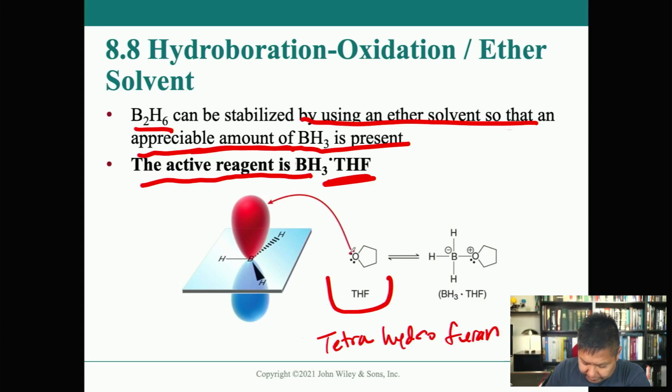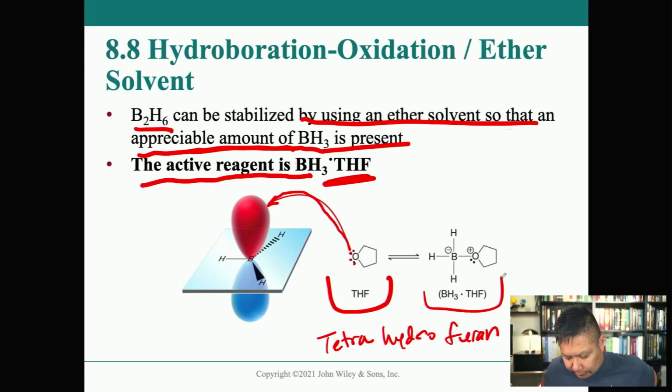The electrons from the oxygen of this ether come over and stabilize the empty p orbital right there, and you get the tetrahydrofuran boron trihydride structure.